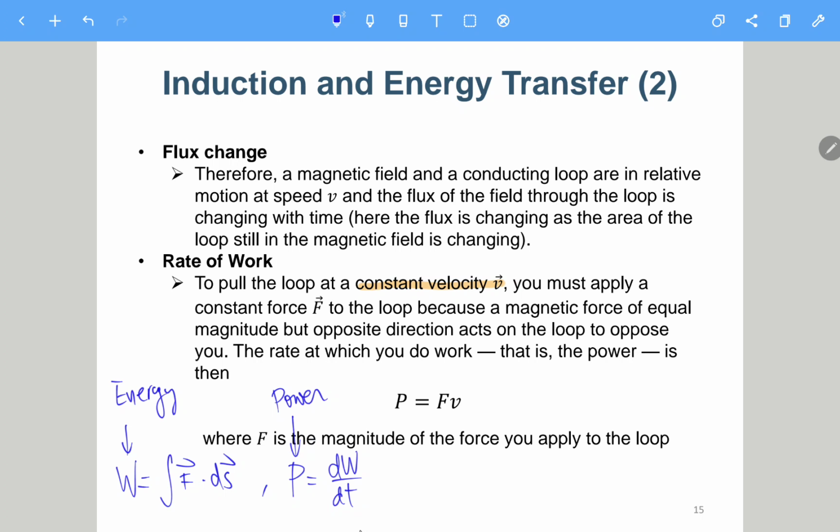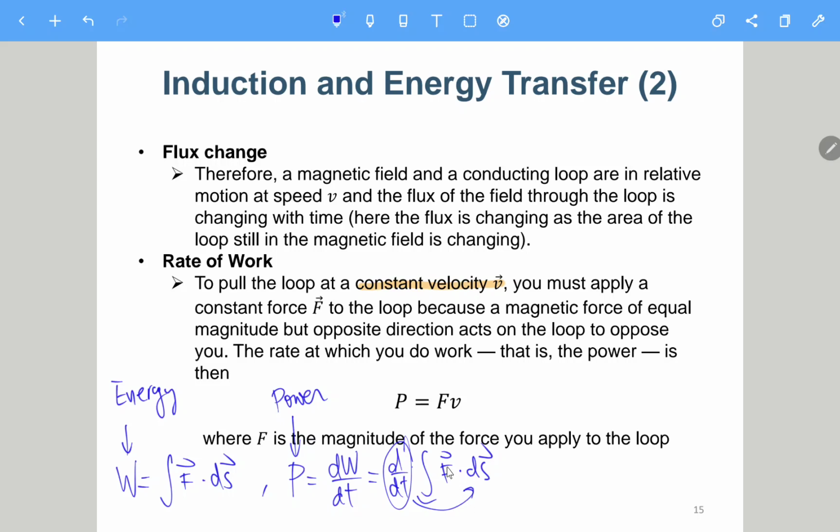Okay, power is like the energy consumption in unit time. So it is d/dt of the integral of F dot ds, and we assume that this derivative and this integration can exchange the order.